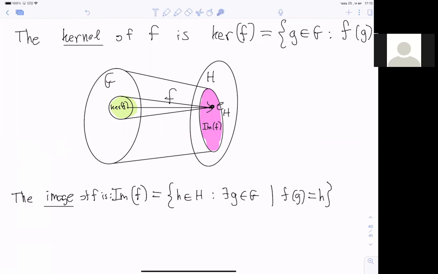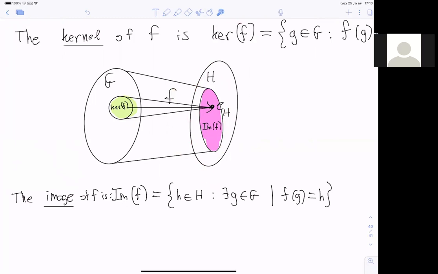So now we want to prove two things. Of course, if f is surjective, it means that the image equals all of H. We want to show that the kernel is always a normal subgroup in G, and the image is always a subgroup in H, but we cannot say it is normal because we don't have by f any control on H. I mean, H can be anything.